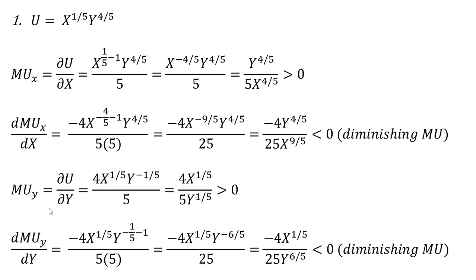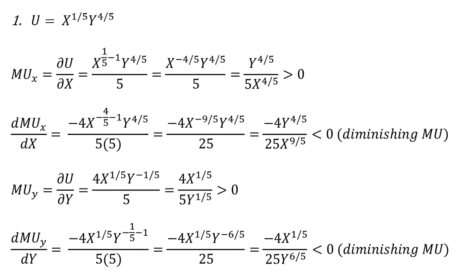Taking the derivative of marginal utility with respect to y, so bringing this minus 1/5 down in front, that's where this minus is coming from, and then we got another 5 here in the denominator. Simplifying this further, we get this step, and once again we have a negative here, so we have diminishing marginal utility. As y increases, utility increases, but by smaller and smaller increments.